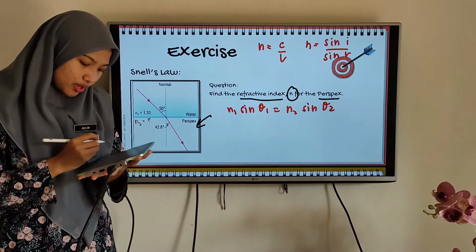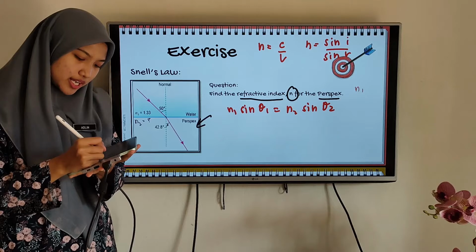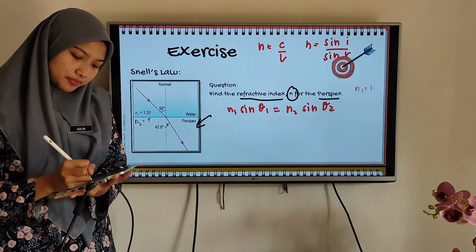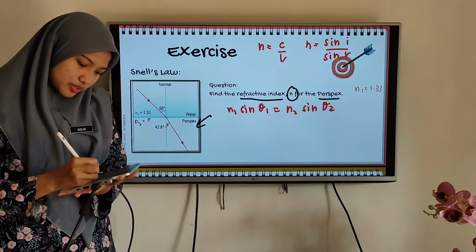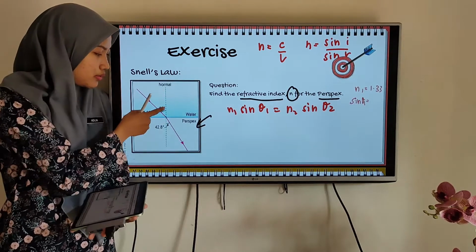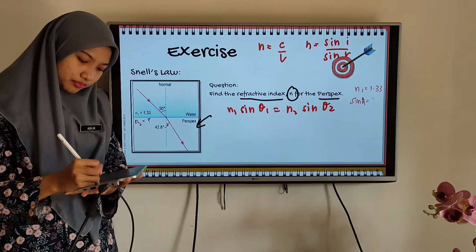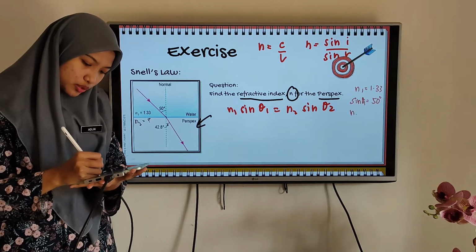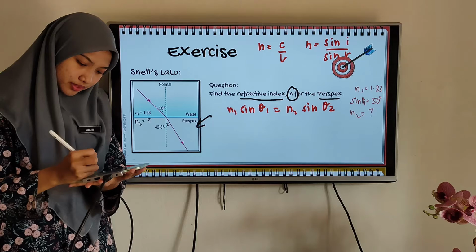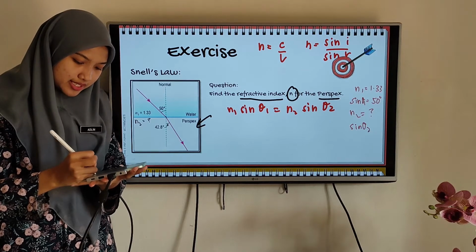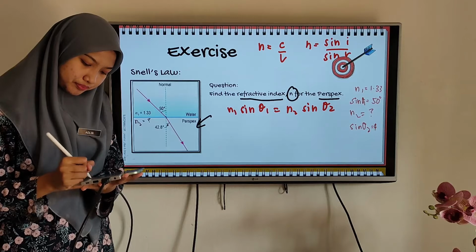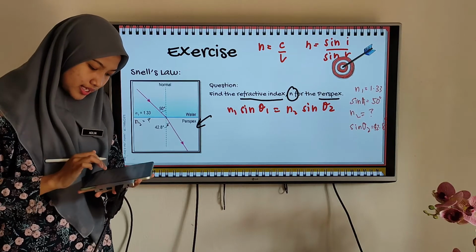We know that n1 is 1.33, theta 1 is 50, n2 is what we need to find, and theta 2 is 42.8.